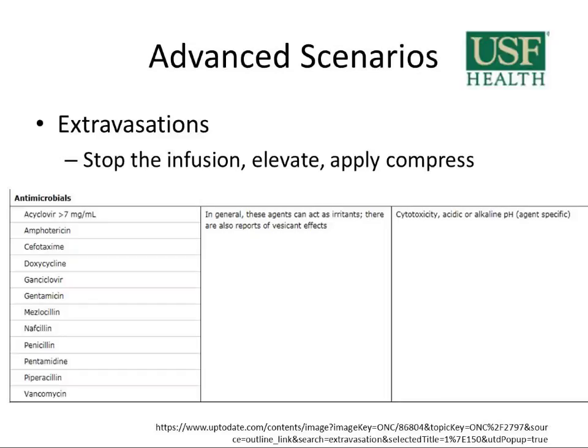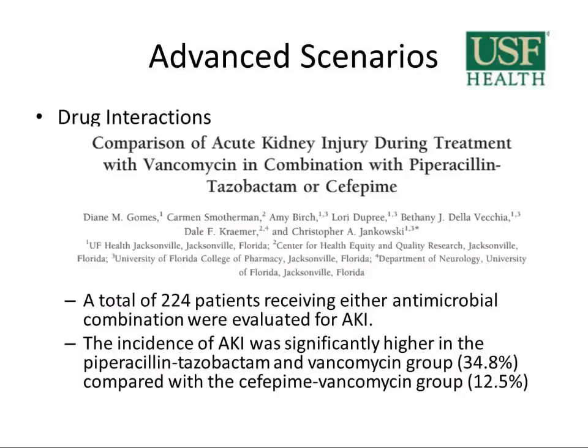Because they are irritants, most of them also can cause phlebitis, and that's something that's very common. Either it happens because of cytotoxicity or just the acidic or alkaline pH, so that's sort of agent specific, and you'd have to sort of look that up. But this certainly can happen.